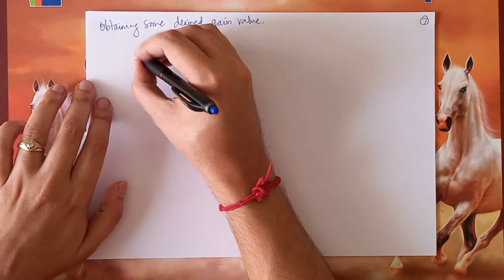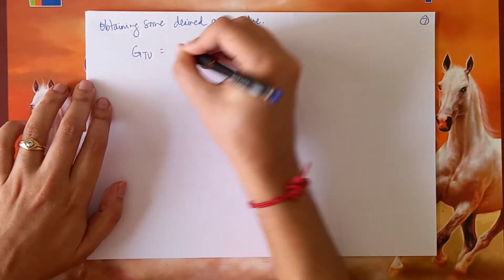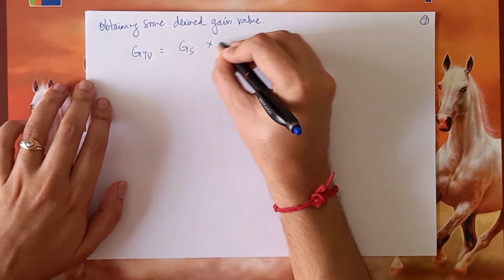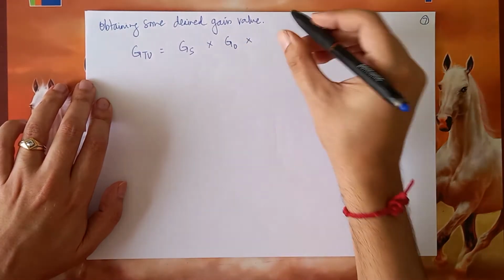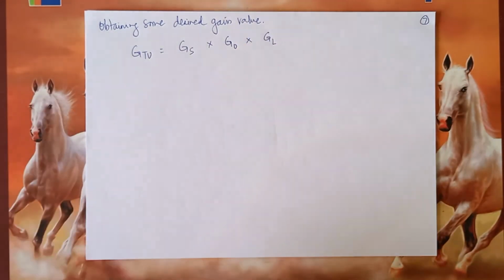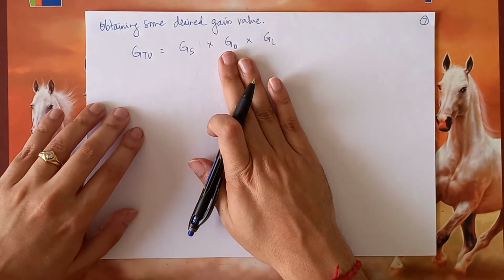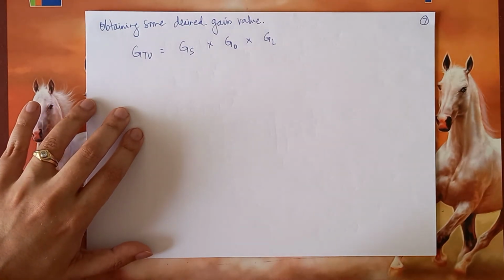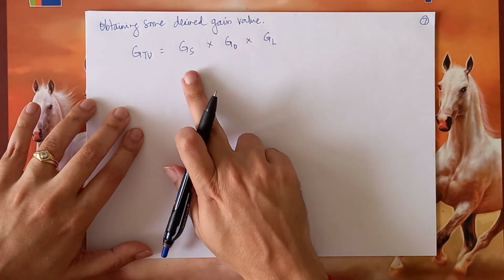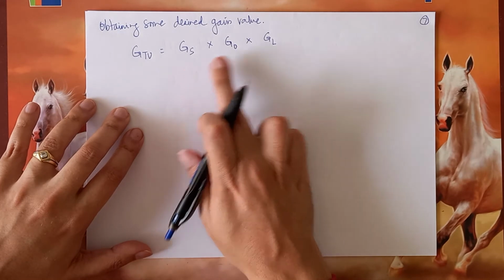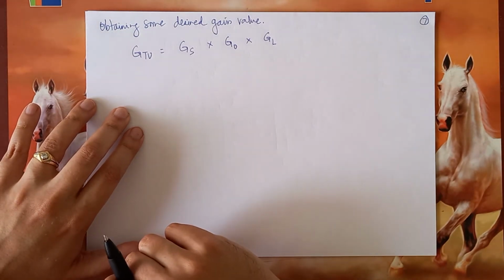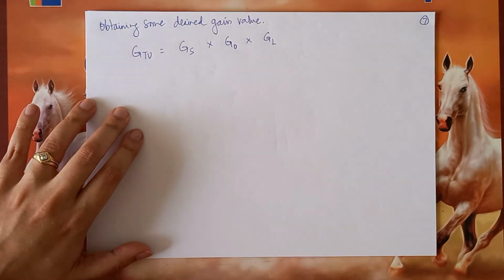So let us say we have this GTU that is equal to GS times G0 times GL. Obviously, we cannot touch G0. We need to do some manipulation at the GS side or the GL side, or both. Suppose my load is fixed.